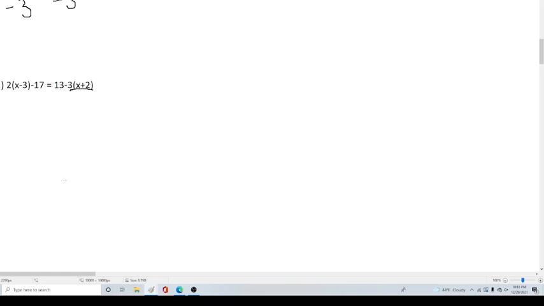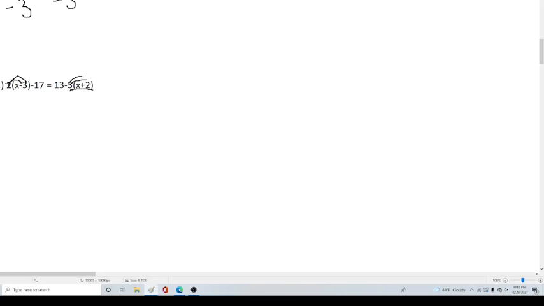So the only way we could do this is through distributing and combining like terms. So on this side, the 2 distributes evenly, and on this side, the 3 distributes itself across x and 2. And when I say it distributes evenly, what I mean is both pieces distribute.